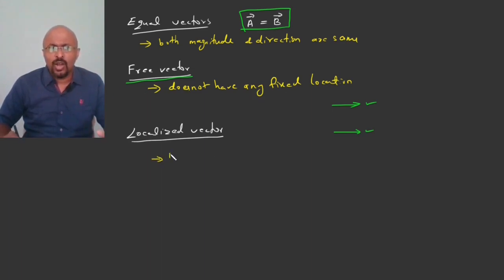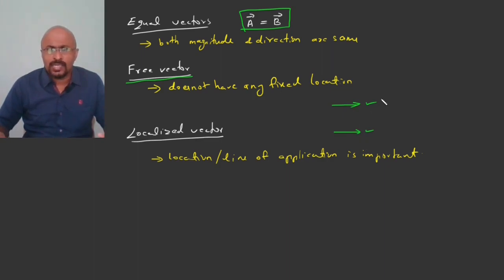That is, the location or line of application is important. So, we cannot displace the vector like this. If we displace a localized vector like this, it is not the same vector because the location or line of application of localized vectors is important.